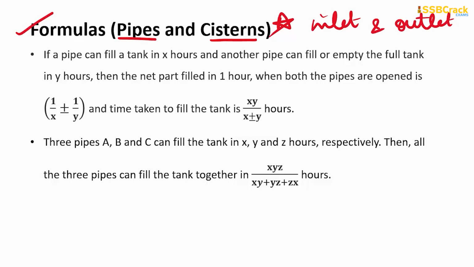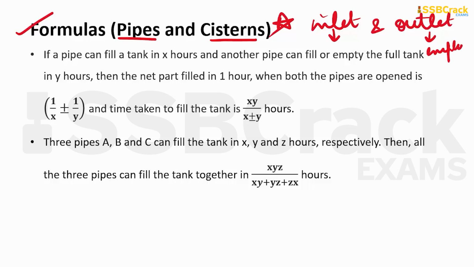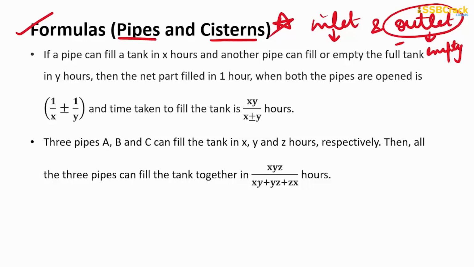So what is the work of an inlet? Inlet will fill the tank and outlet will empty it, right? So whenever an outlet is working, we have to take the time period of the outlet as negative, or the work of an outlet pipe will be negative, because it is emptying the tank instead of filling it, right? And all the rest of the formulas are the same as we have discussed for the time and work topic, right?